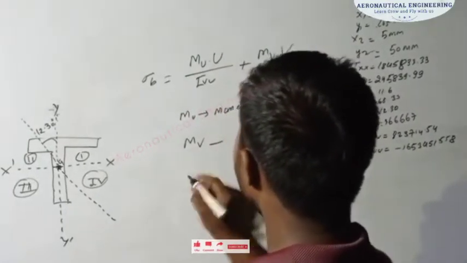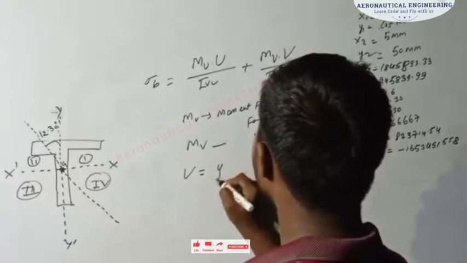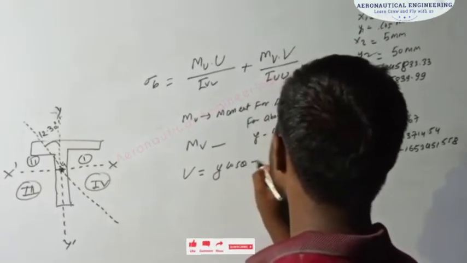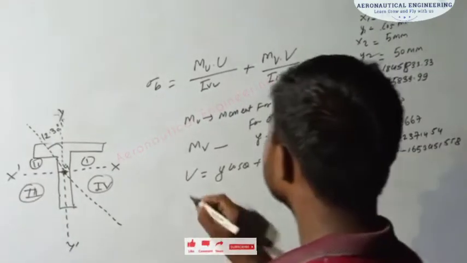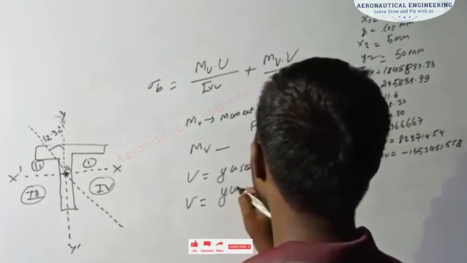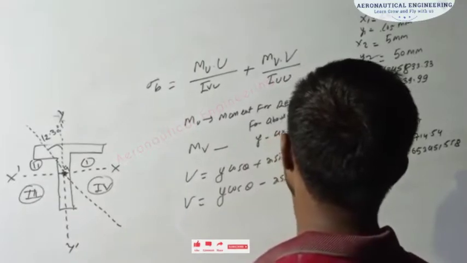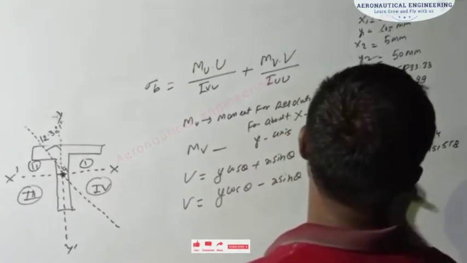First we have to calculate u. We know that u equals y cos theta plus x sin theta. Take this as equation third. Similarly, v equals y cos theta minus x sin theta. Take this as equation 4.